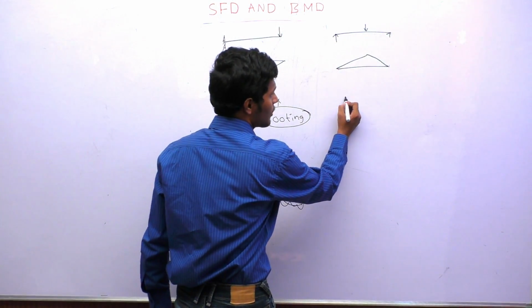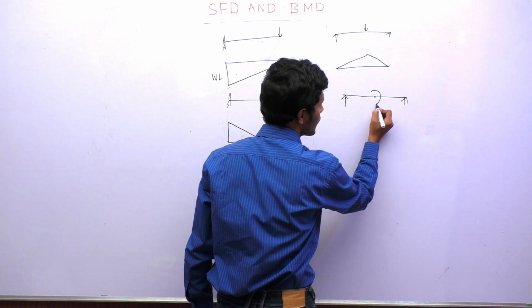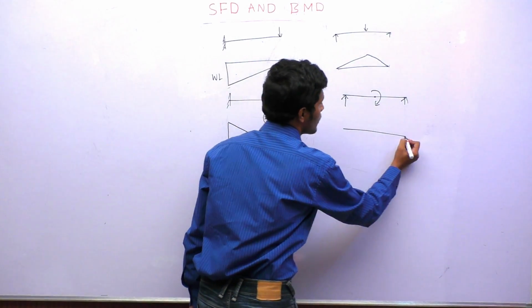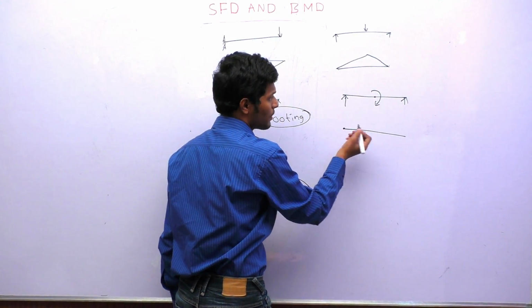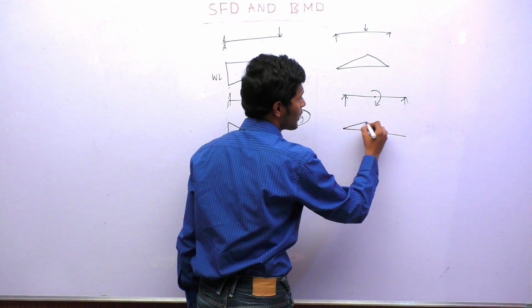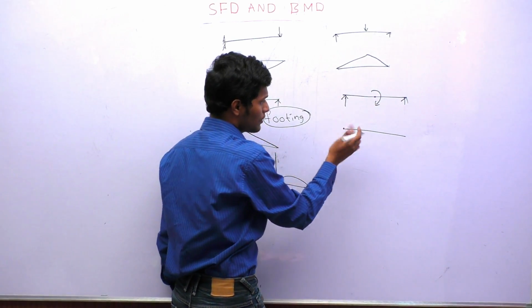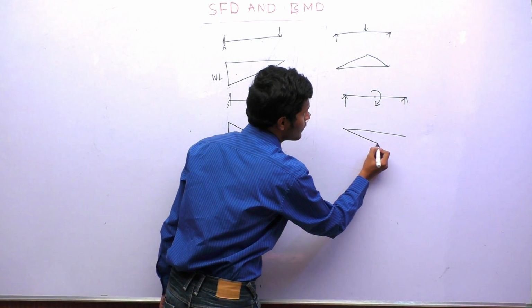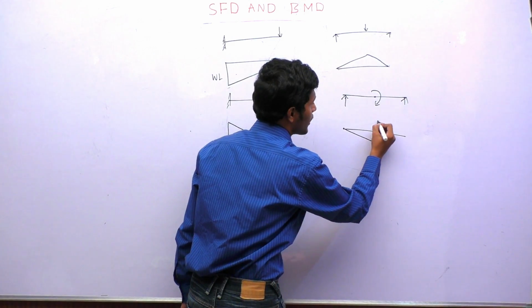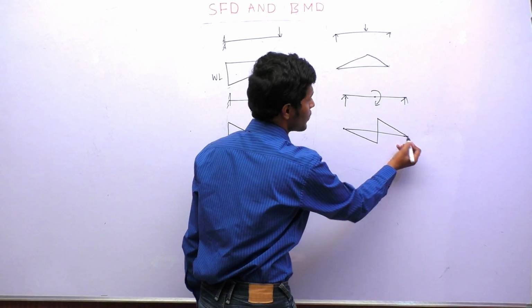And previously we have seen a special case of applying a moment. Here the bending moment is 0, simply supported. So previously we have seen that the bending moment will increase continuously like this. This is the hogging portion, so it is negative here, and then bending moment M, and then 0.